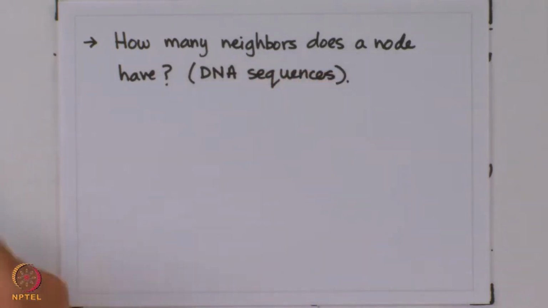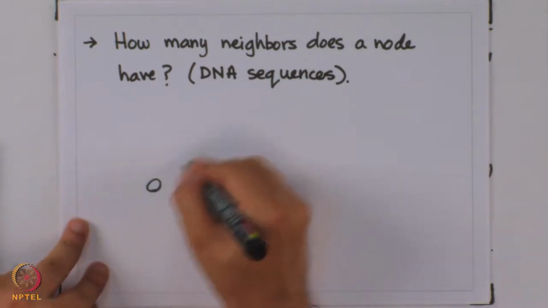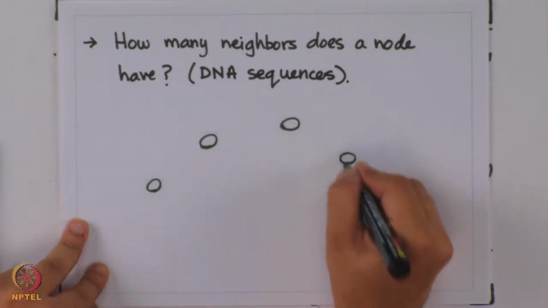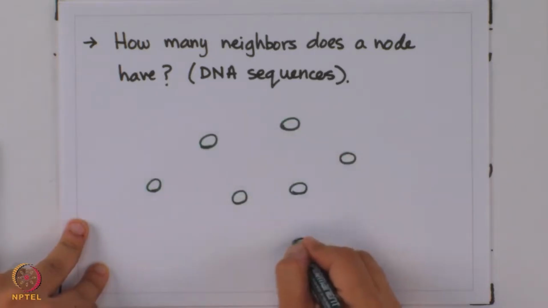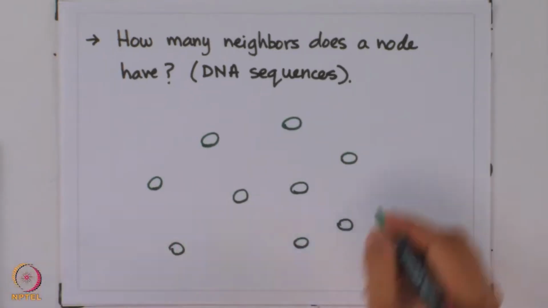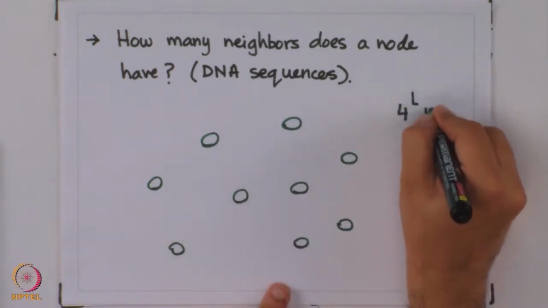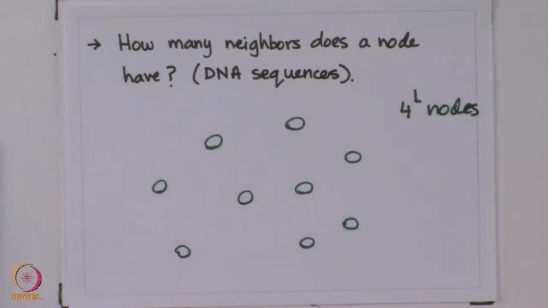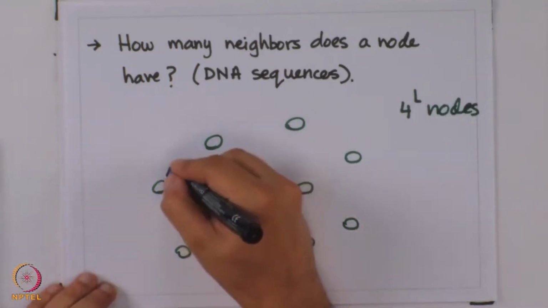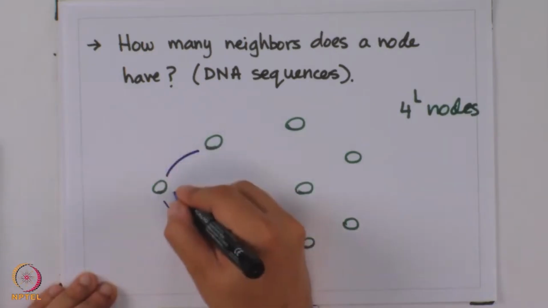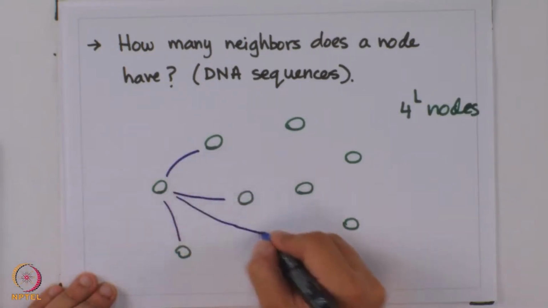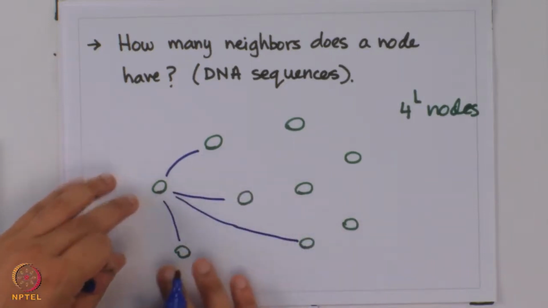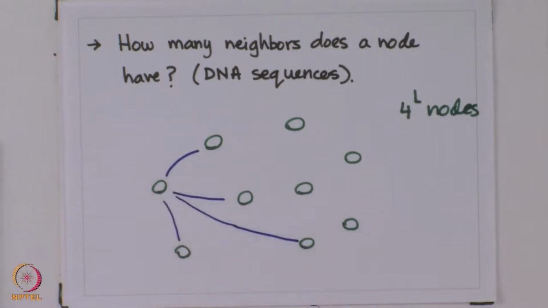So, the question is that we have this nodes and edges diagram, we have a bunch of nodes, 4 to the power L nodes, and not all nodes are going to be connected to every other node. We have 4 to the power L nodes, and any node is going to be connected to a subset of these 4 to the power L nodes. A node is not going to be connected to every other node in this graph, but only going to be connected to a subset of them.